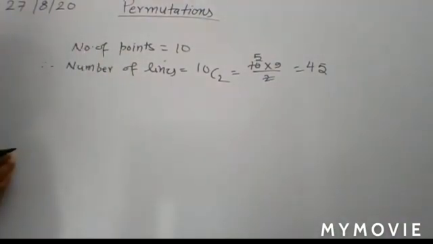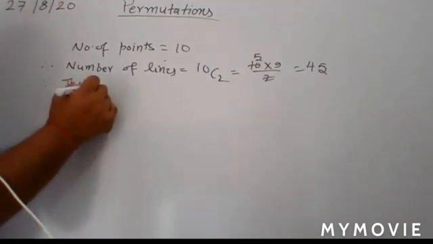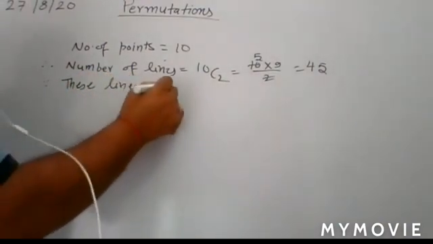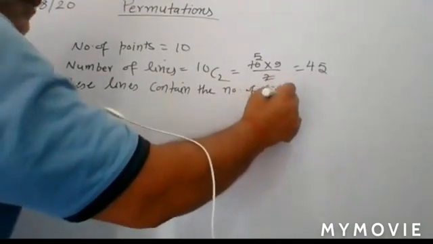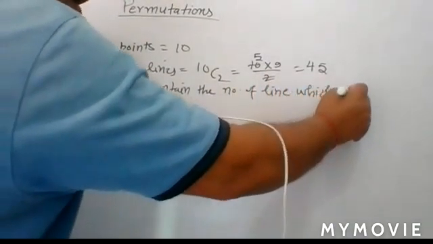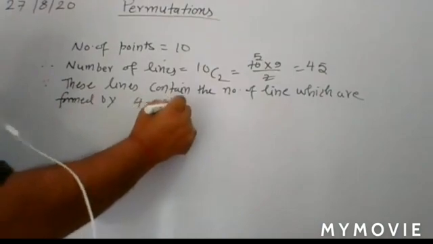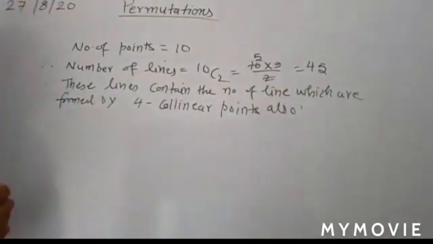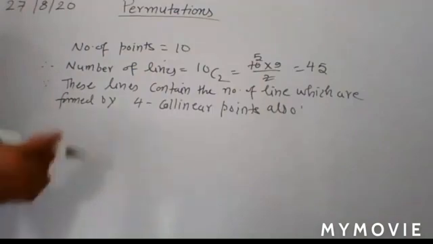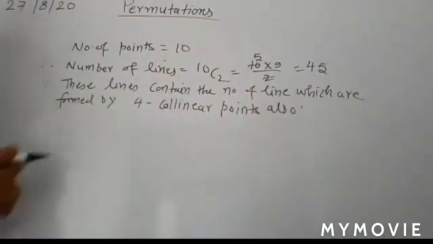But these lines contain the number of lines which are formed by the 4 collinear points also. So you have to subtract it.